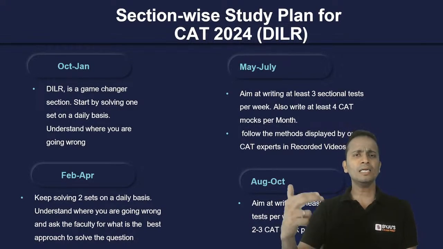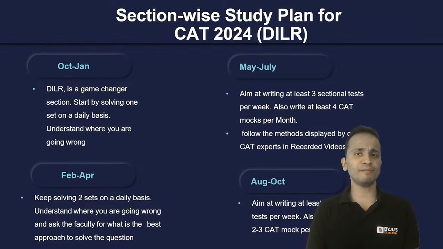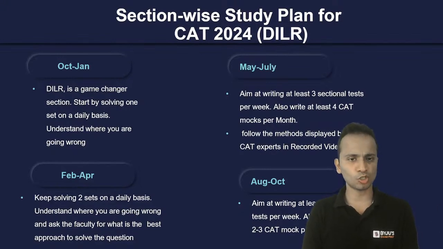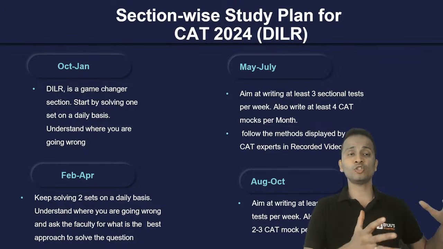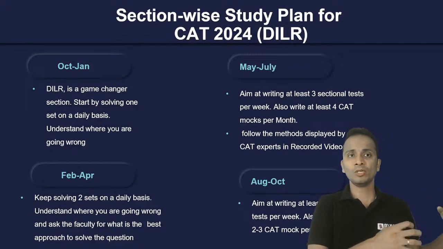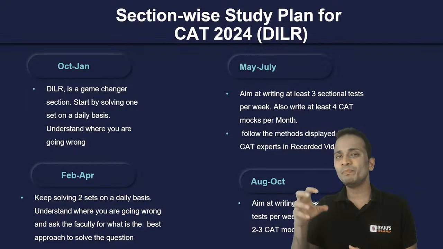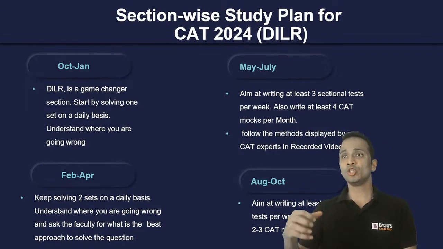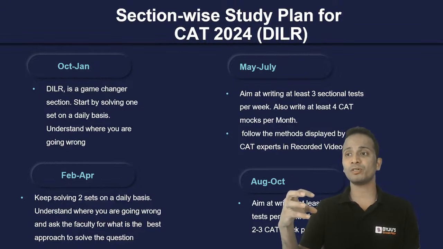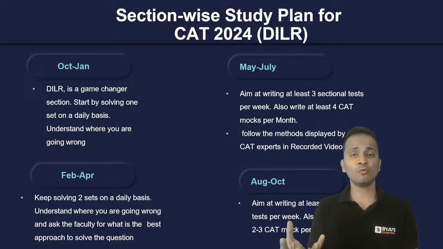Okay. Now the next period is February, March, and April. Keep solving 2 sets on a daily basis. Now I'm increasing the number of sets that you are solving. Also, at this point in time, since you have already worked for 4 months, you will be able to pinpoint those types of questions or data in which your understanding is less.